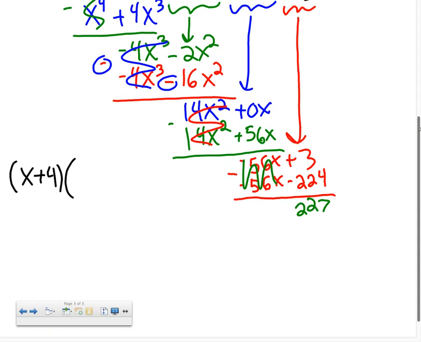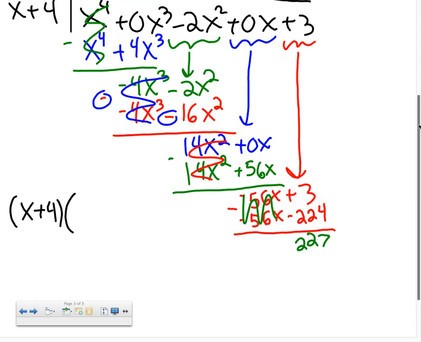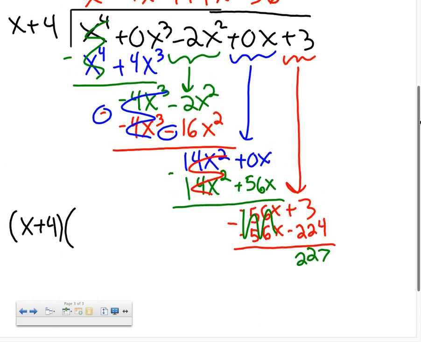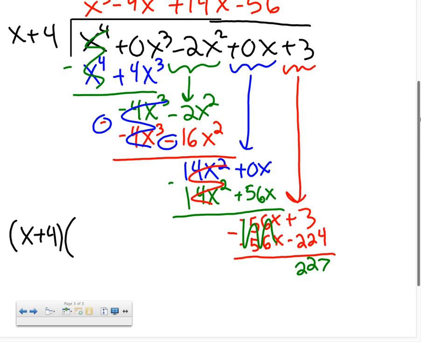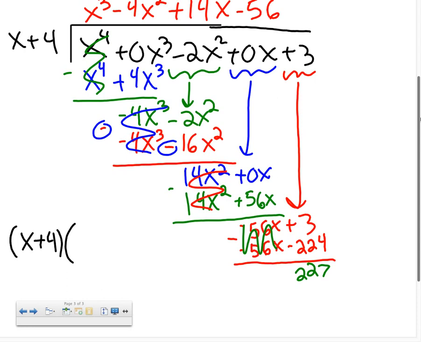So if I scroll up here just a tad, we have x cubed minus 4x squared plus 14x minus 56.